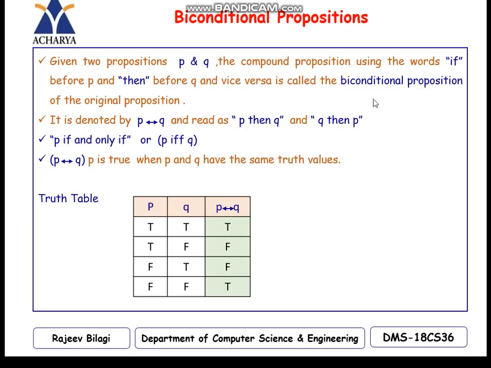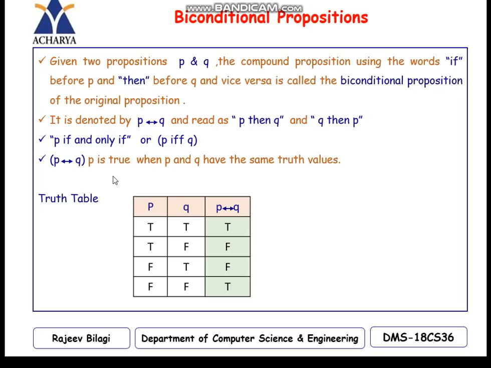The biconditional proposition is denoted by P double arrow Q and is read as P then Q and Q then P. Or I can write P if and only if Q. So this is my biconditional proposition.